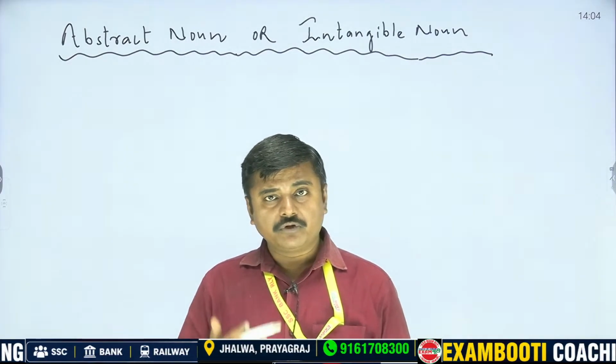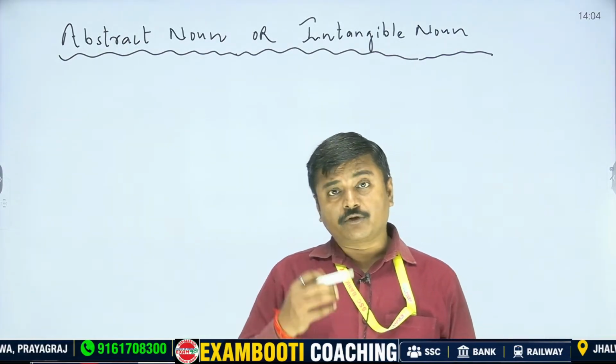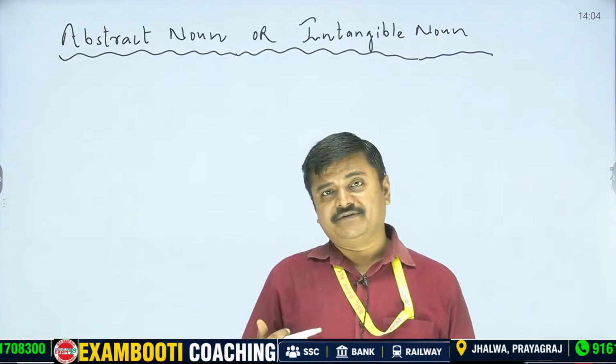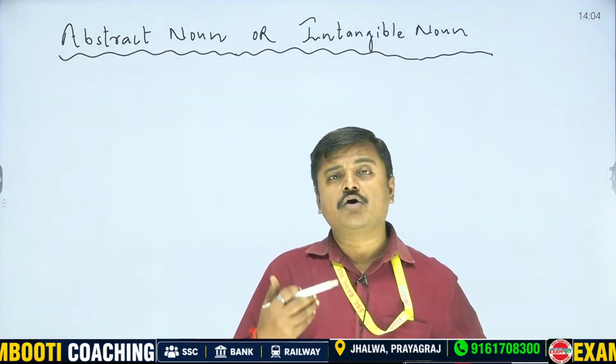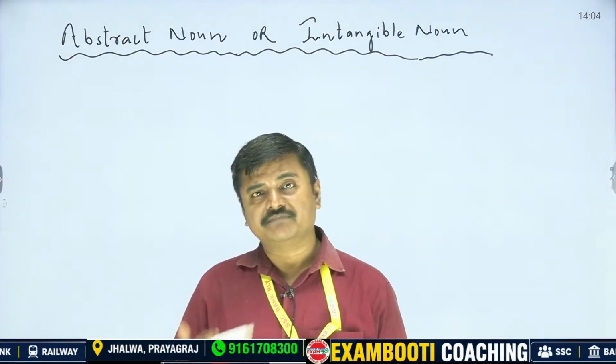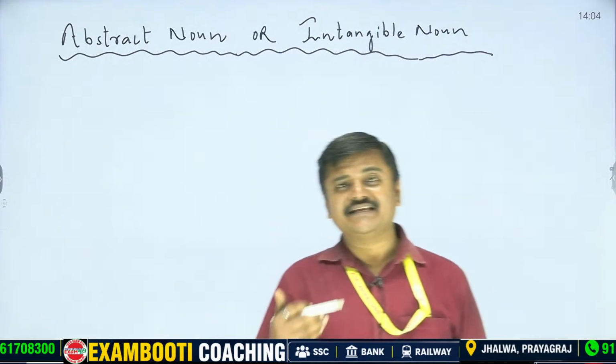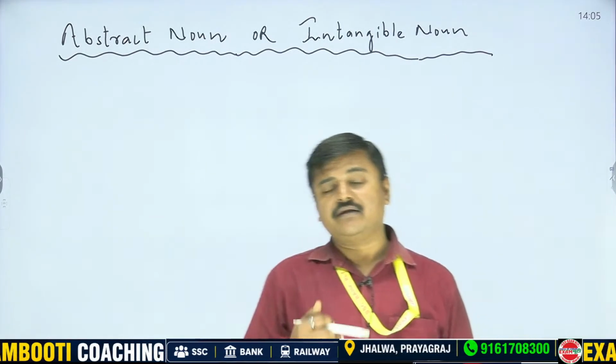So when you go to the definition, you will find that if a noun is denoting a quality or state of something, it means that quality or that state is known as abstract noun.